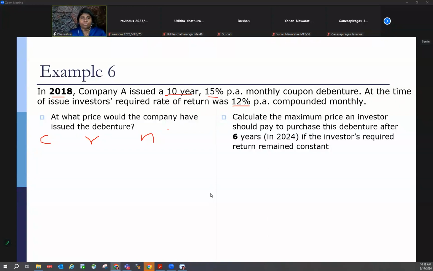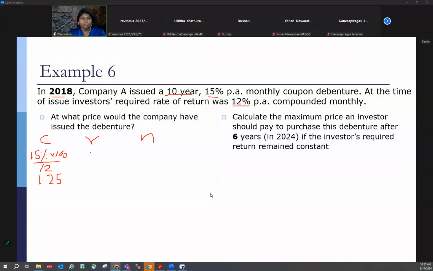That's the first check. So coupon is 15% into 100 divided by 12. How much is that coupon? 1.25.